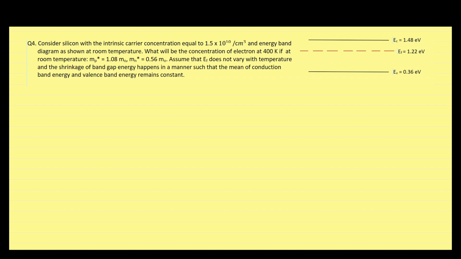We have to assume that EF does not vary with temperature and the shrinkage of band gap energy happens in a manner such that the mean of conduction band energy and valence band energy remains constant. At room temperature, the energy band diagram and intrinsic carrier concentration is provided. We will first find the value of under root Nc into Nv.